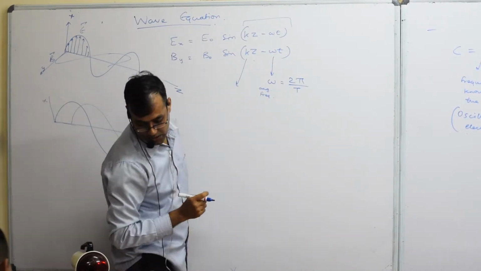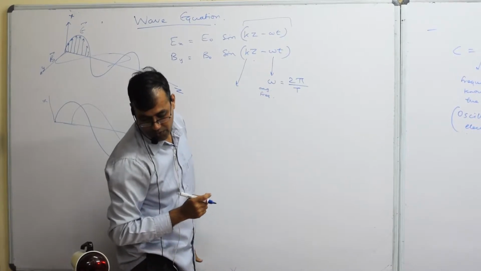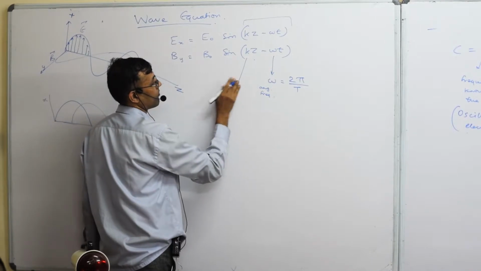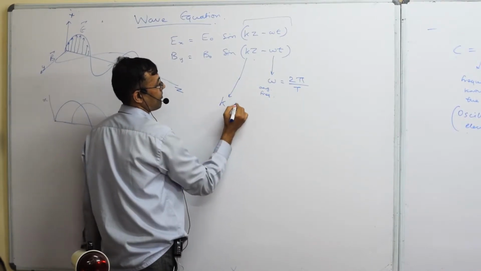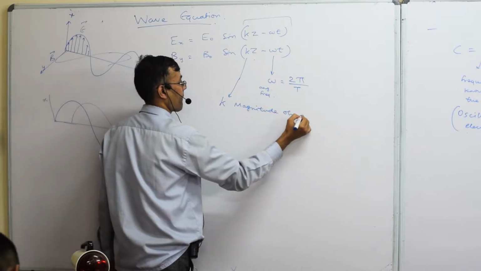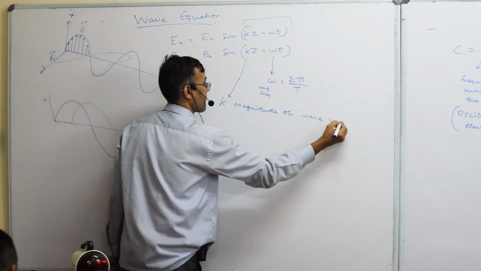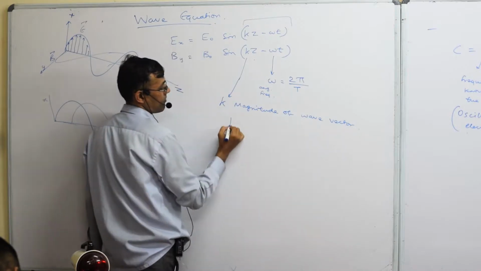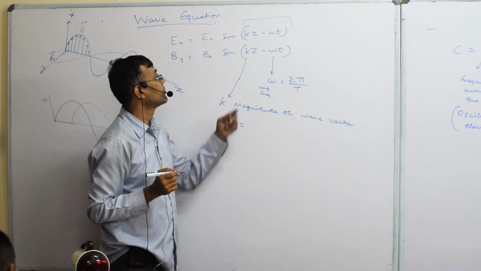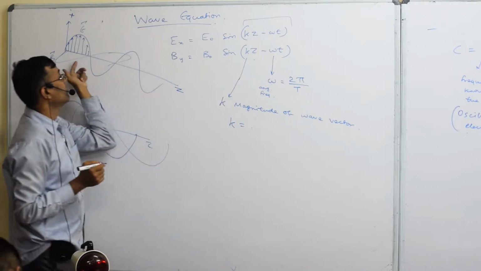K, we have a special name for that: wave vector. I told you z is nothing but location, right?